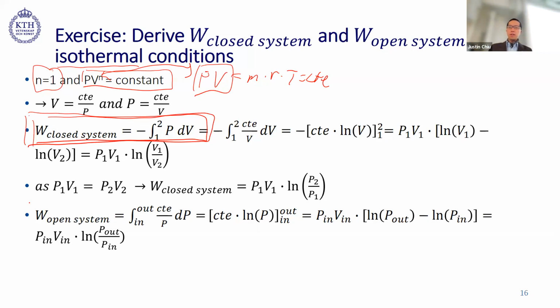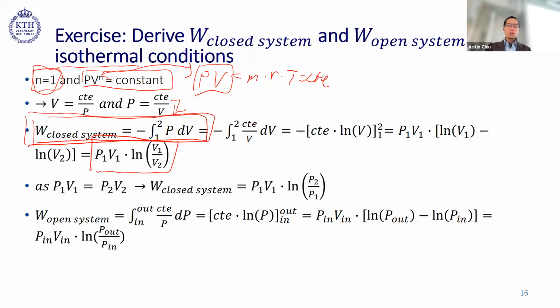I know there are some other researchers who prefer the other way around, but I prefer to stick with this, and it will be much easier for you to follow the same standard as I'm using here. And then we know that we can replace the P by constant over V. There's no more n here, n is equal to 1, right? So that means if we integrate it, we get a log.